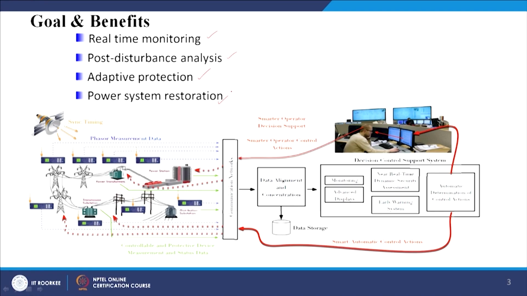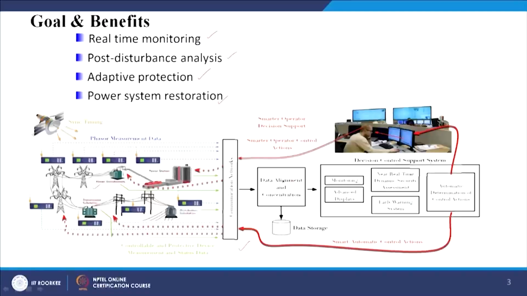If we look at this picture, in the case of WAMS, the PMUs are installed in the transmission networks at different substations and critical points, and from there we receive the voltage and current signals.